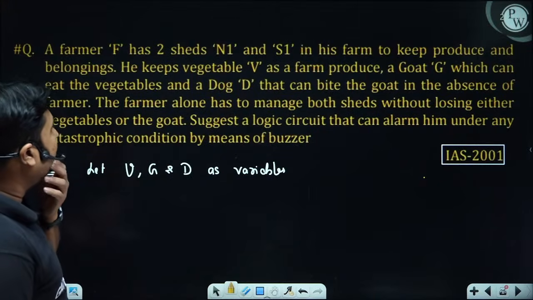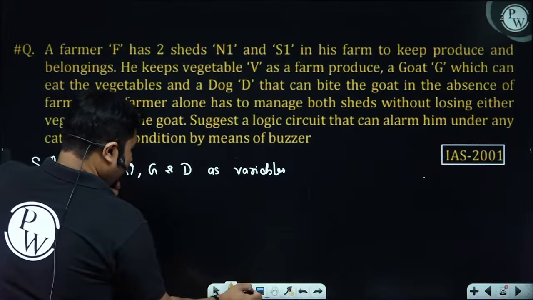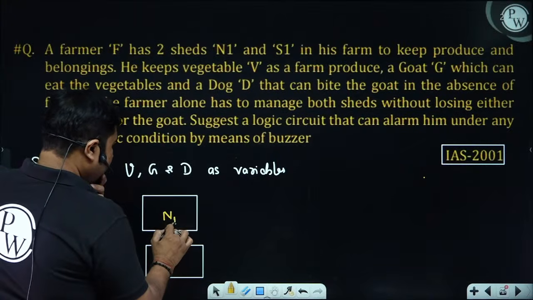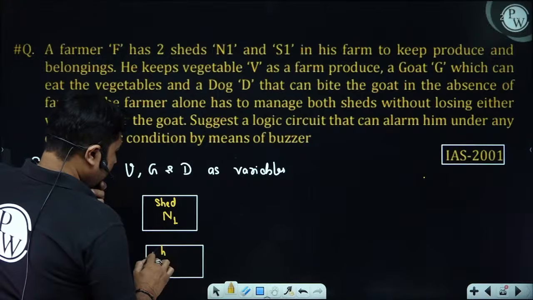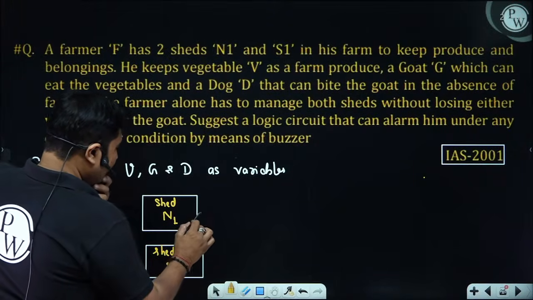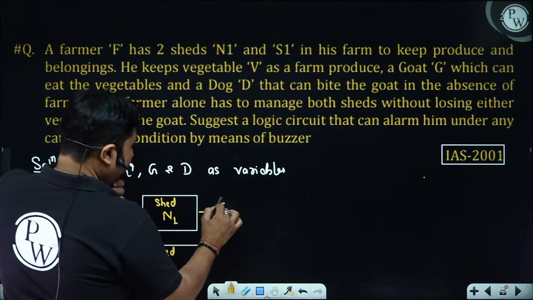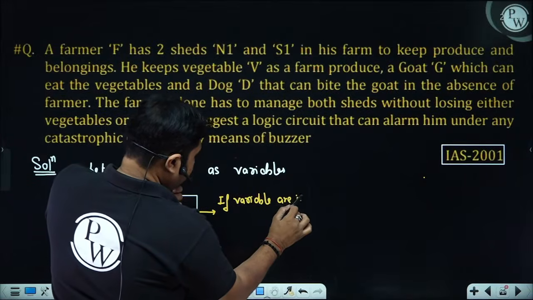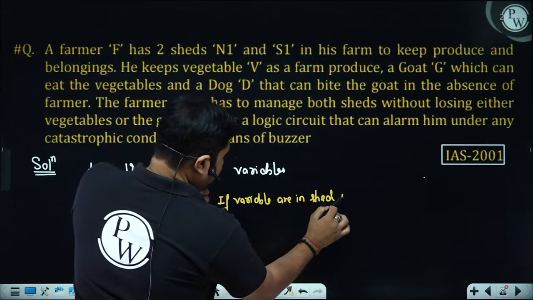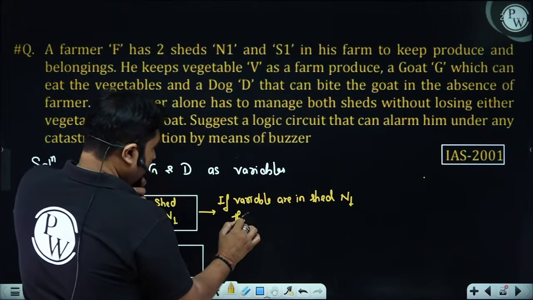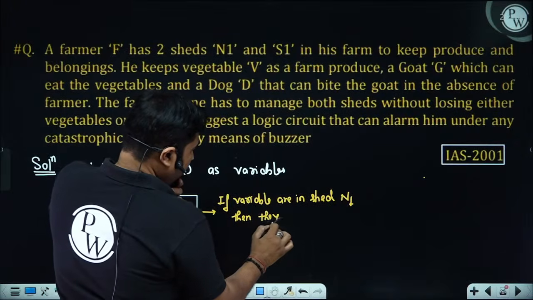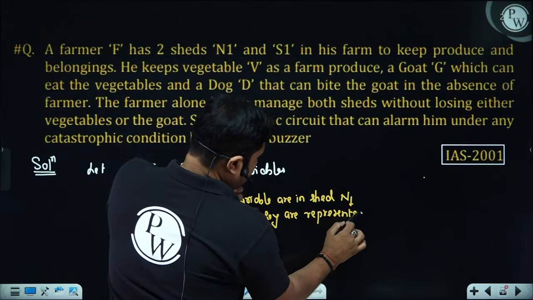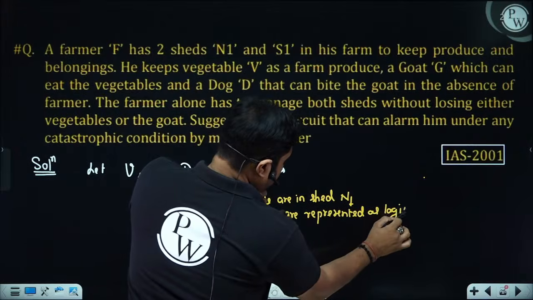Now we have two sheds, N1 and S1. Consider if variables are in shed N1, then they are represented as logic 1.